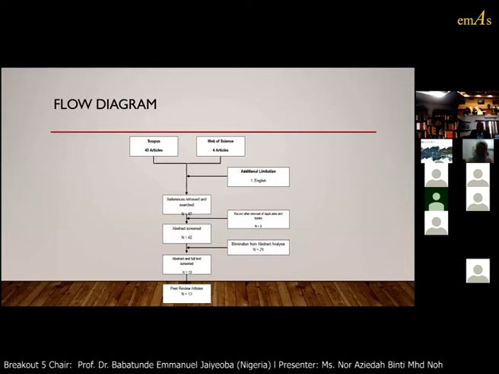Okay, let me proceed. I will share a bit about the flow diagram. In the screening process, we eliminate 4 duplicate papers and 1 source from a book. During the actual analysis, only journal articles and conference papers are accepted, not books, and all the articles must be in English.